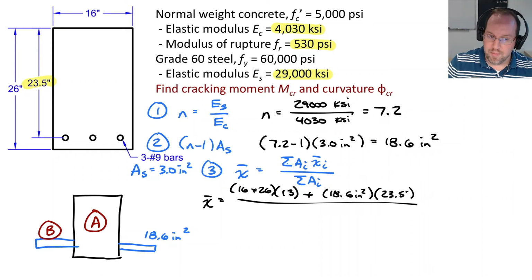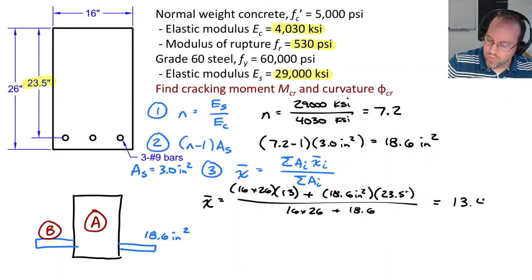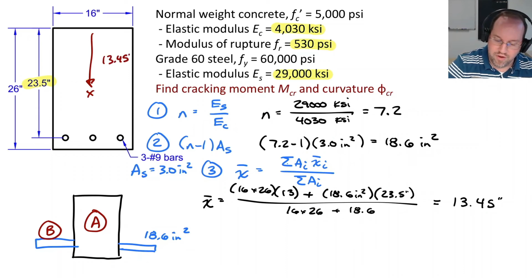I'll divide this by my total area, which is 16 by 26 plus 18.6. And we'll find that the centroid is at 13.45 inches down from the top of my section. If I sketch that out, it's right about here, 13.45 inches down.